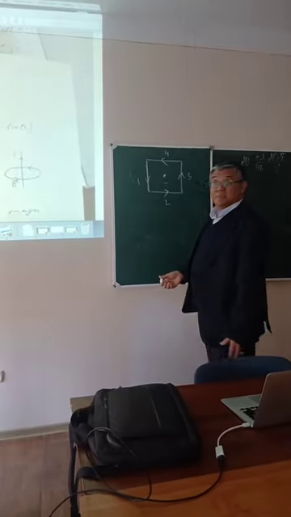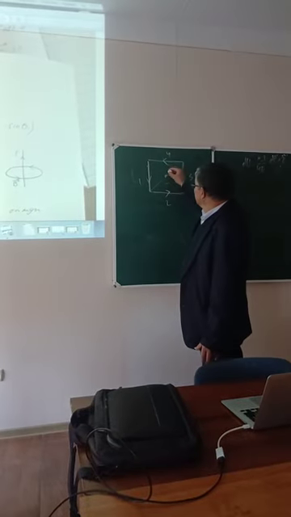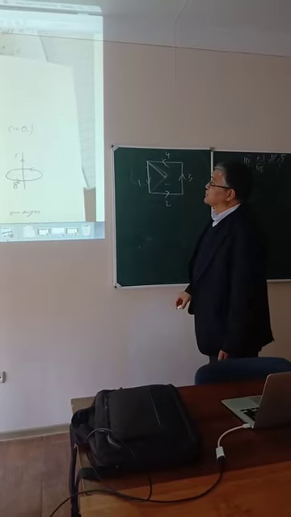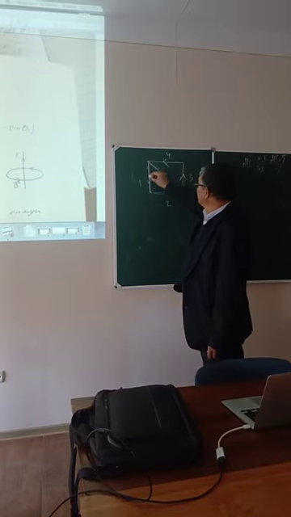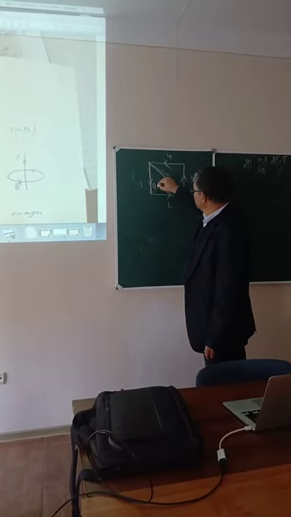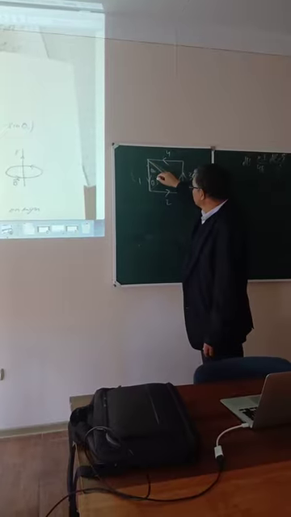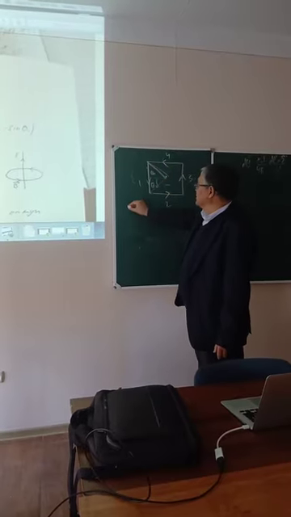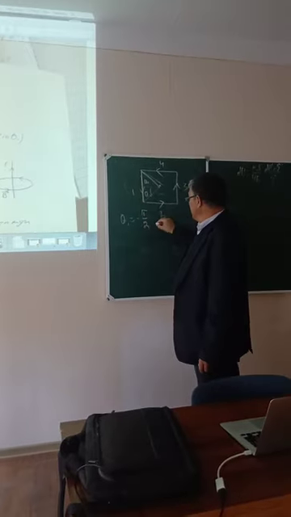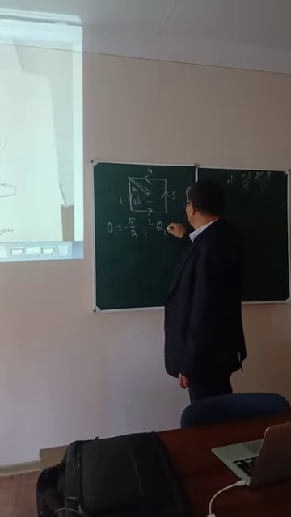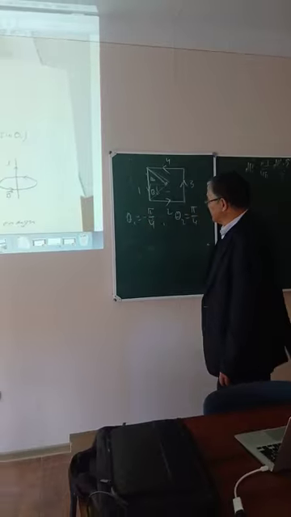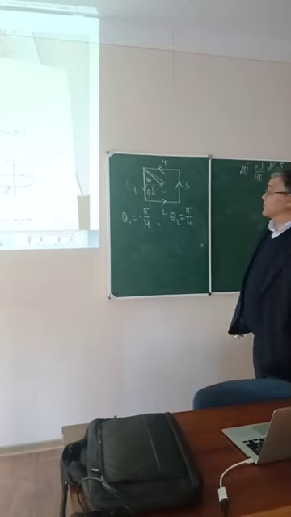Each one gives the same contribution because they have the same values of theta 1 and theta 2. Theta 1 is equal to minus pi divided by 4, and theta 2 is equal to pi divided by 4, which is 45 degrees.